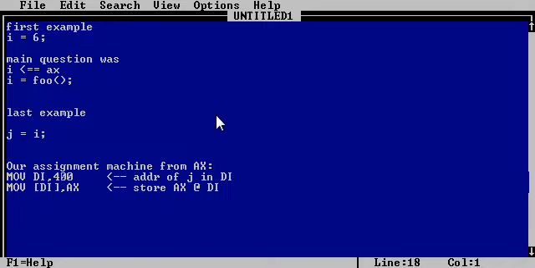The literal case was moved into AX. The literal number 6. Then moved into DI, the address of I, and then moved into position DI, so dereference AX.